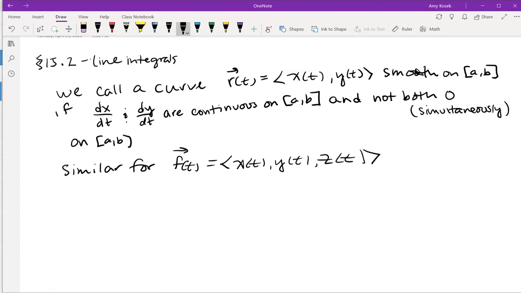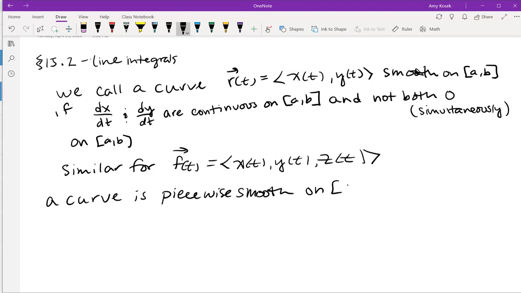And then to extend that a little bit, we're going to define that a curve is piecewise smooth. You can kind of think about what that's going to look like.